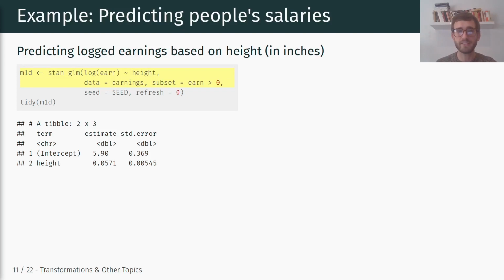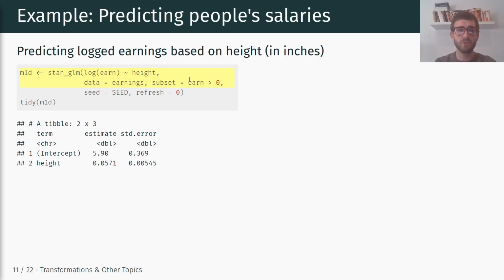We could, of course, do that, but when it comes to interpreting coefficients, the intercept can be interpreted as the expected logged earnings when height is equal to 0. So the logged earnings themselves don't have a direct interpretation. Of course, we can take e to the power of that intercept, but since we don't directly want to interpret those coefficients in this case, we can just use the raw heights.